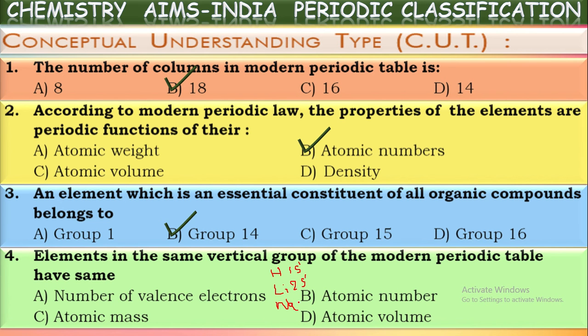And the valence shell configuration of sodium will be 3s1. In this way, all the elements present in a group or in a vertical column will have the same number of valence electrons. That can also be said as they will have the same valence electronic configuration. Okay, they will have the same number of electrons in their valence shell.